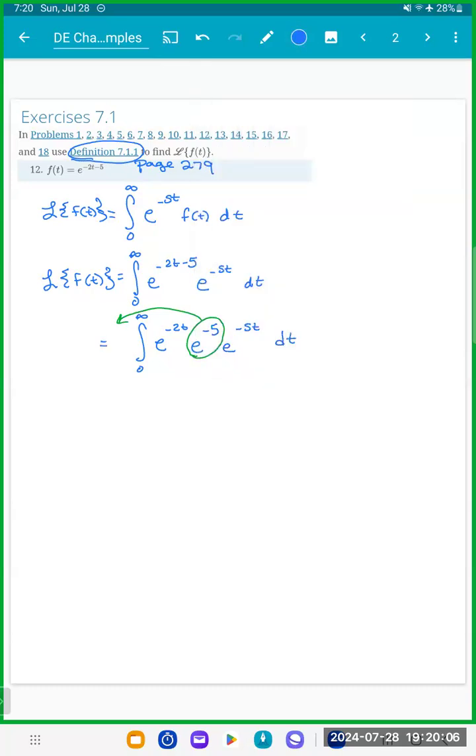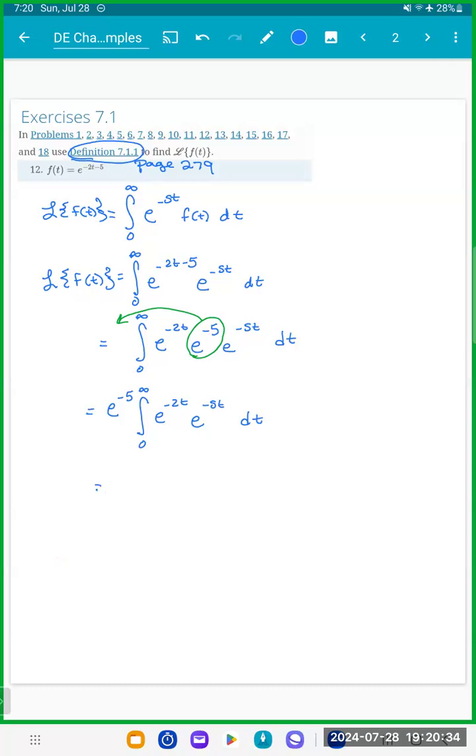So that's going to give us e to the negative 5, then the integral from 0 to infinity of e to the negative 2t e to the negative st dt. Okay, we could then bring those two pieces together as well, just by using rules of exponents.